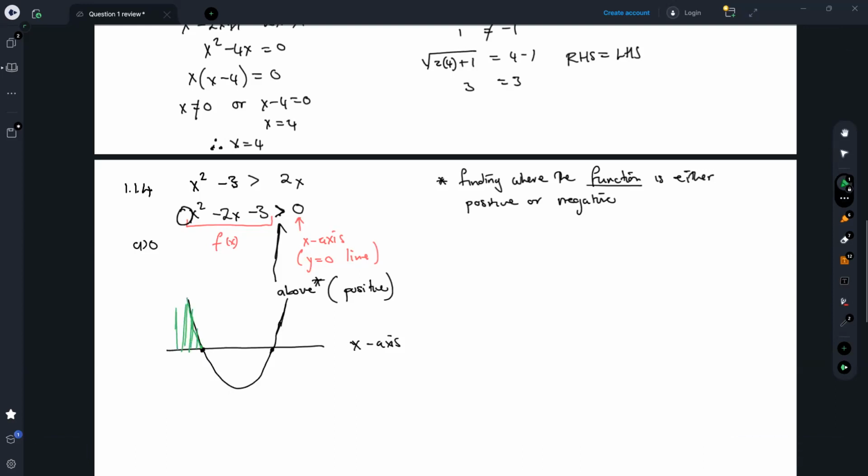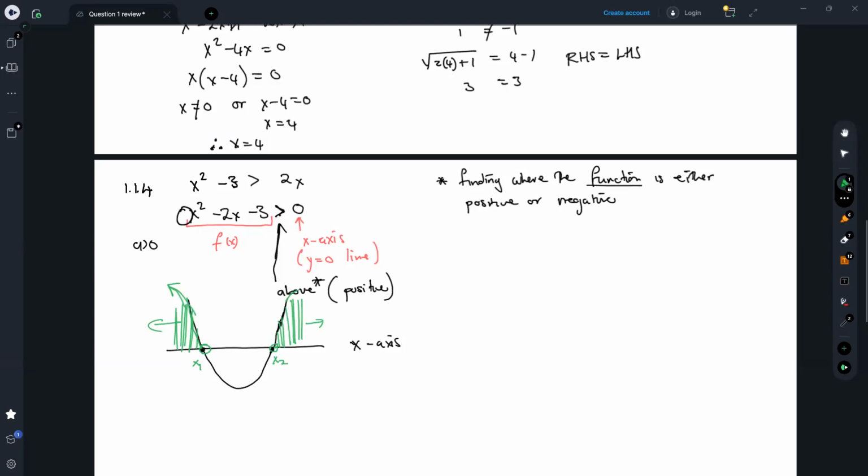So that part, I can shade that part. We know that the function continues on in that direction. Another part that is above the x-axis is this part here going in that direction. So what you and I need are these values here. Where does it start? Those are going to be our critical values. So I can say that this is x1 here, and that point is x2.